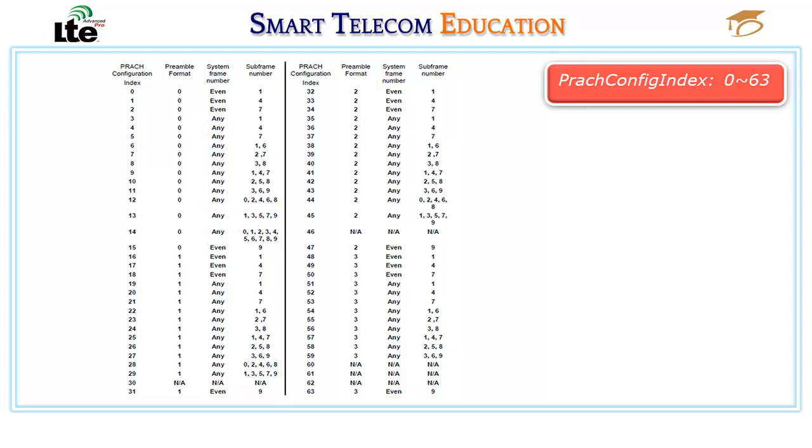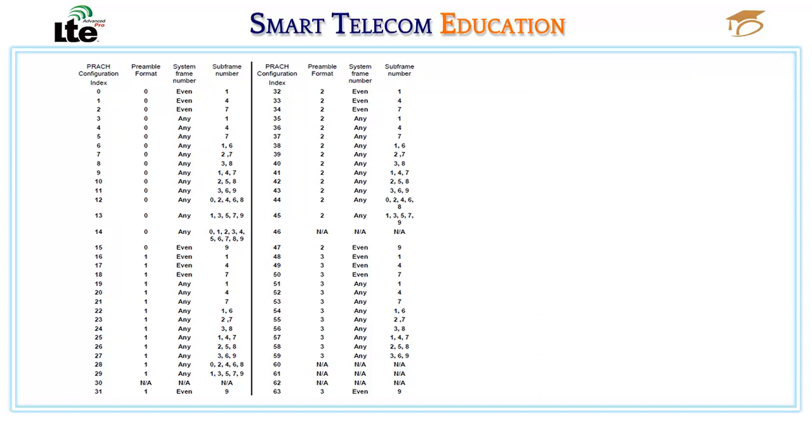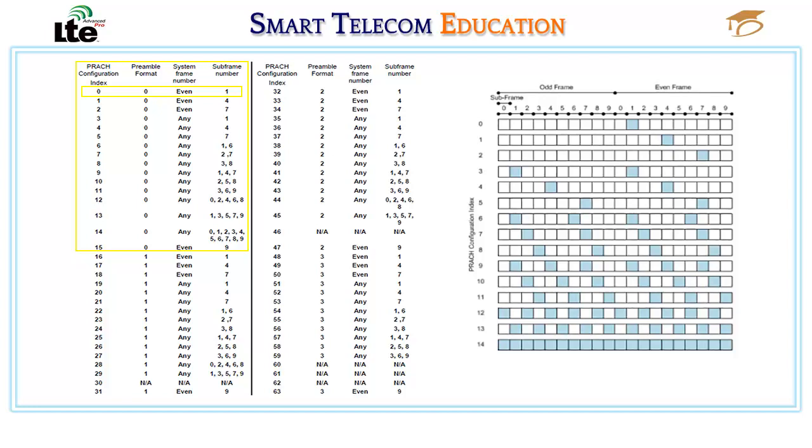The value of the PRACH config index parameter takes effect only when the indication of PRACH configuration index is set to CFG config. For example, for the possible PRACH configuration indexes in the case of preamble format 0, if the PRACH config index is set to 0, then the preamble can be sent only in even frames in subframe number 1.